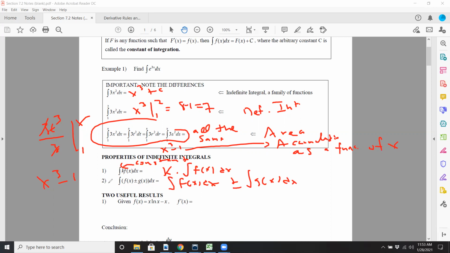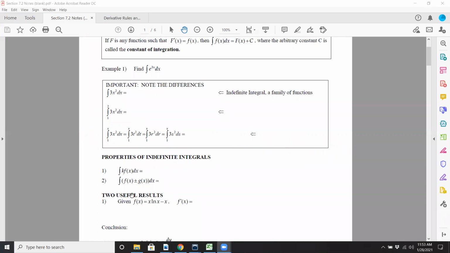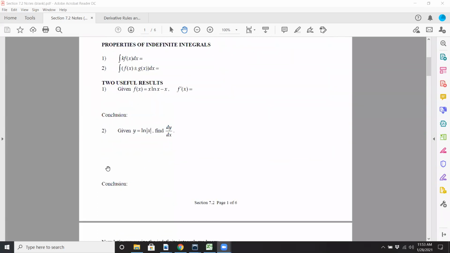Other useful rules to know regarding integrals that we can pull out of our back pocket from time to time. First of all, if you take the derivative of this guy right here, doing a product rule, in case you forgot, it's going to be 1 times ln x, plus x times 1 over x, and then minus 1 here.